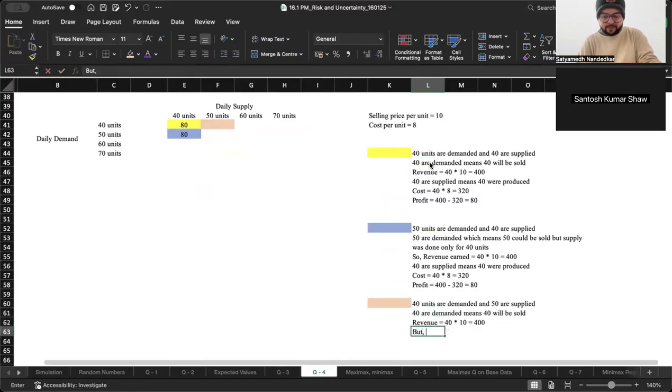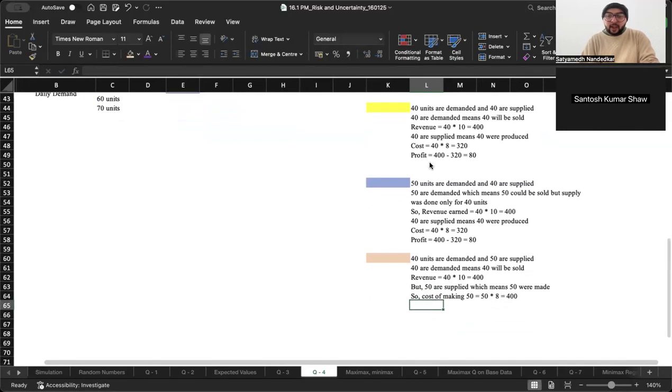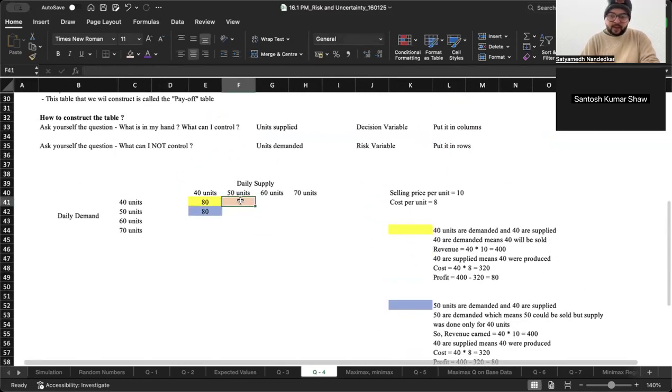But 50 are supplied, which means 50 were made. So cost of making 50 will be 50 into 8, which is 400. Now in this case, the profit will be 400 minus 400, which is 0. So this number is 0.